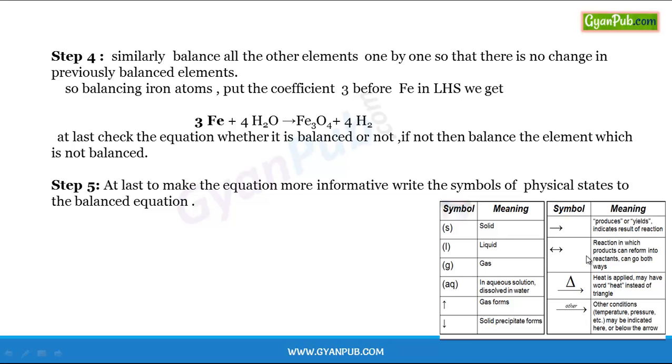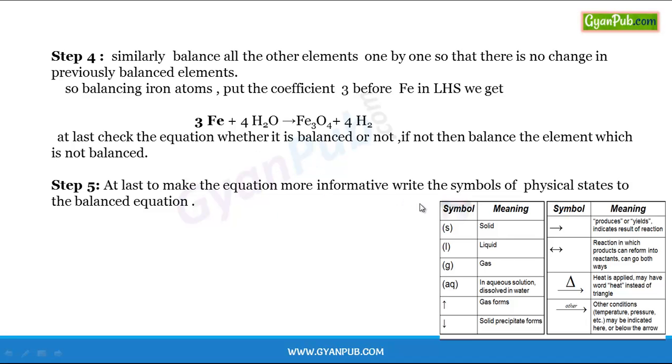For reactions in which products can reform into reactants, that is, reactants are used to produce products and products are used to produce the same reactants, we need to use the double arrow mark. If heat is applied on the reactant side, we need to use the delta symbol on the arrow mark, and if there are any other conditions like temperature, pressure, etc., we should indicate them on the arrow mark and then write the equation.